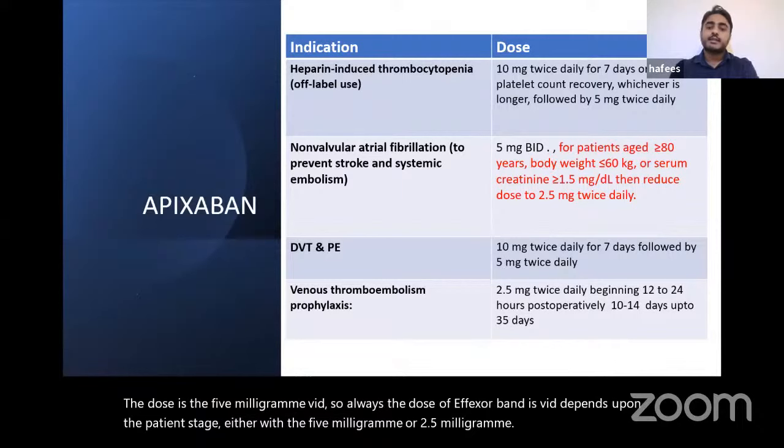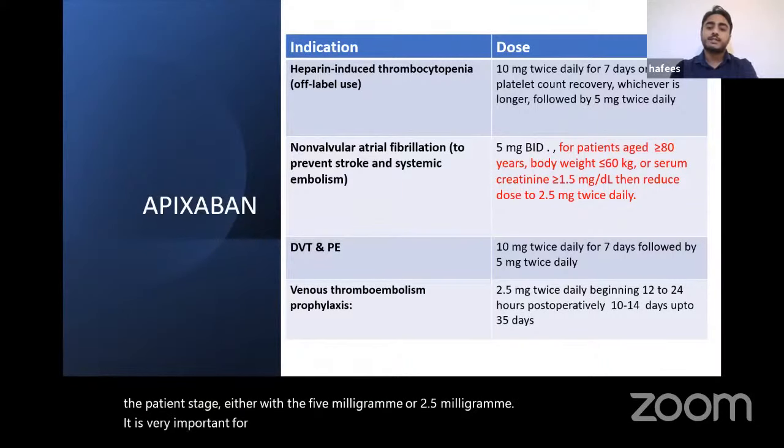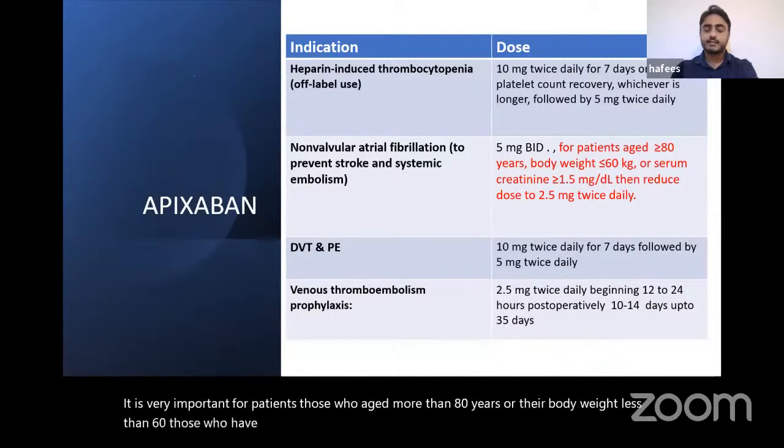It is very important for patients who are aged more than 80 years, or whose body weight is less than 60 kg, or who have serum creatinine more than 1.5, to reduce the dose to 2.5 milligram twice daily instead of the 5 milligram dose.